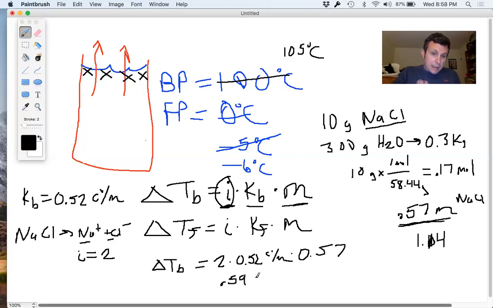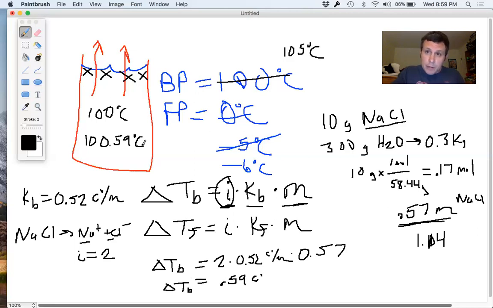So that means that this solution, the boiling point will change by 0.59. Now, regular water, we know, boils at 100 degrees Celsius. That's with no salt in it. So when I dissolve this salt in it, it's going to go up by 0.59. So the new boiling point will be 100.59 degrees Celsius. Not a huge change, but a little bit of one.